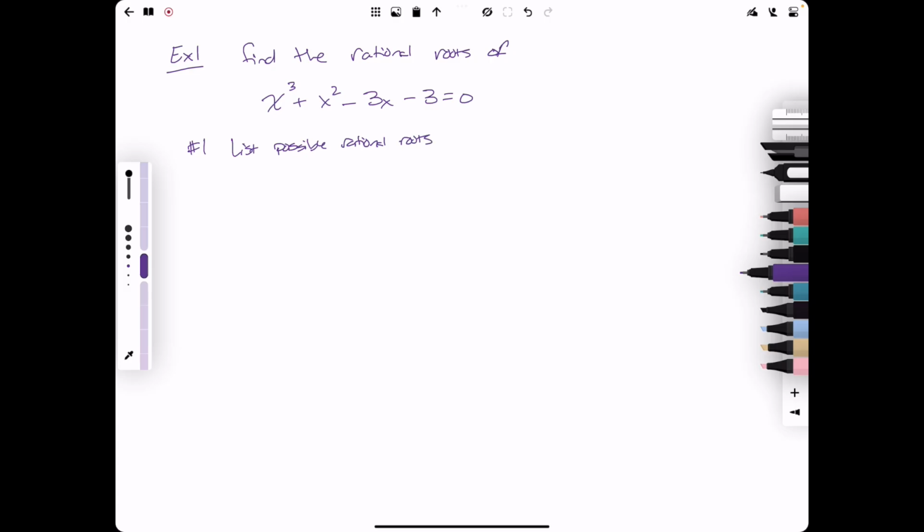And we do that by listing the factors of the constant over the factors of the leading coefficient.